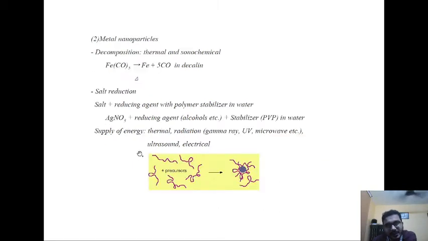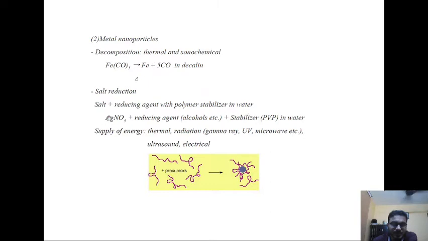Next is metal nanoparticles. Here the decomposition is done through thermal and sonochemical means. There is one example of a chemical reaction, a salt reduction, that is salt plus reducing agent with polymer stabilizer in water.